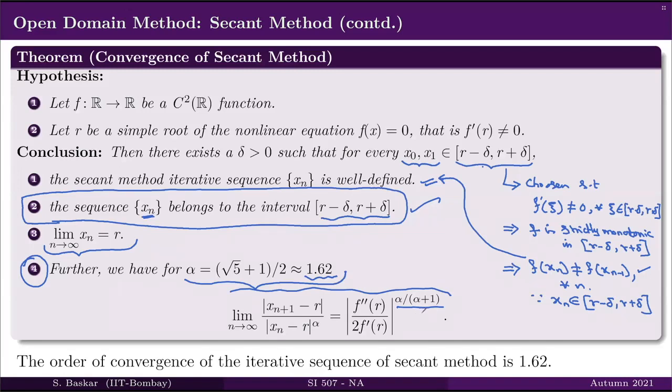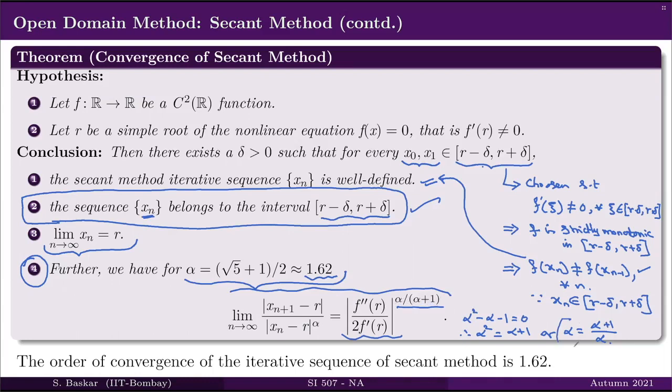That should not be a problem, because alpha satisfies this quadratic equation, right? Therefore, alpha square is alpha plus 1, or alpha is equal to alpha plus 1 by alpha. In our derivation, we got this term to the power of 1 by alpha, but I have given in the statement that it is alpha by alpha plus 1.